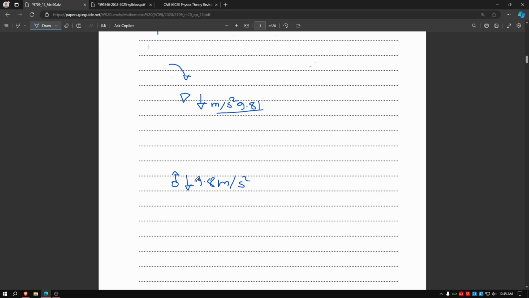So the speed will keep decreasing until it becomes zero. When the speed becomes zero, the ball is stationary for a very brief moment until it falls back down, because gravity is not going away. It will still accelerate you downwards. So the ball will start moving downwards again, and gravity will help you go faster and faster, accelerating you.